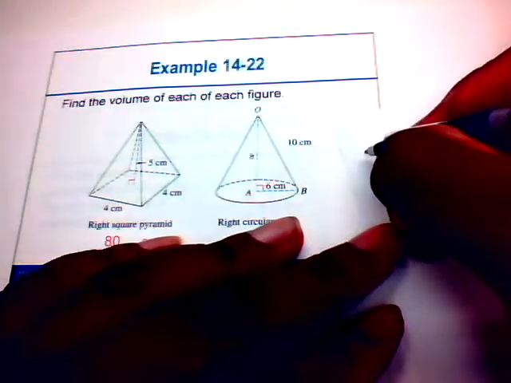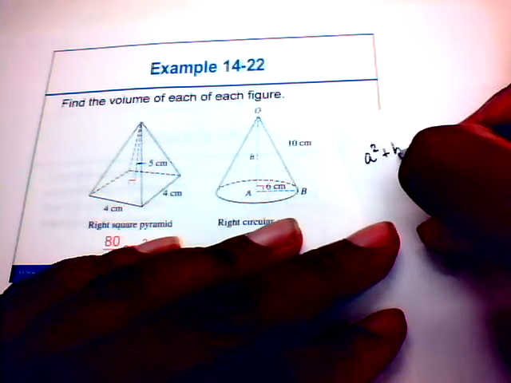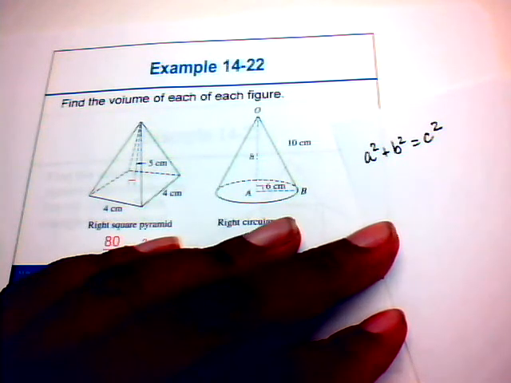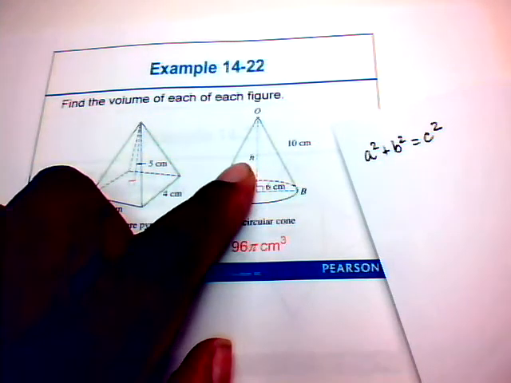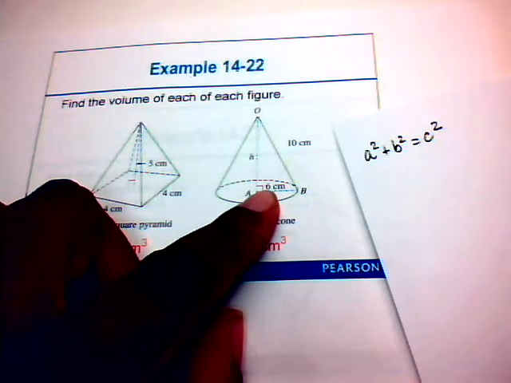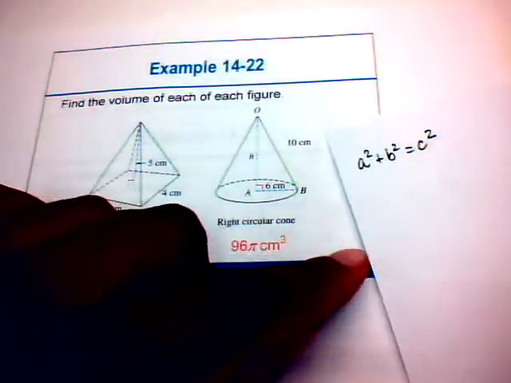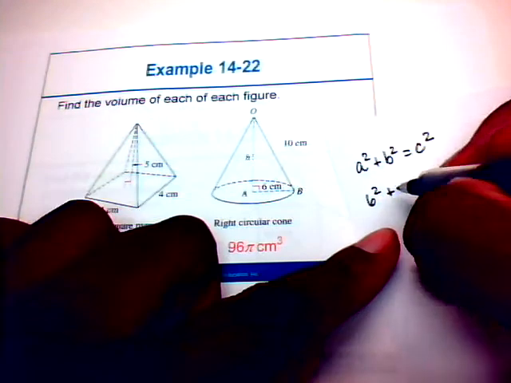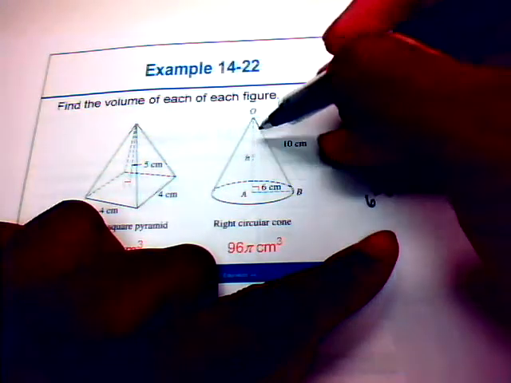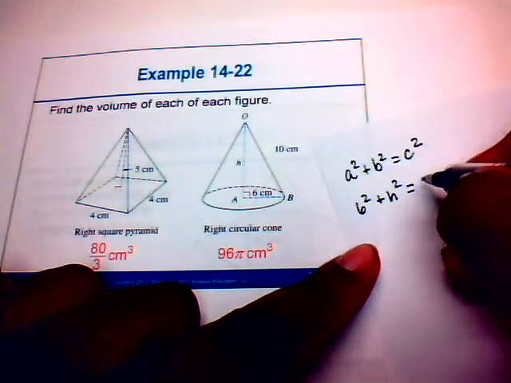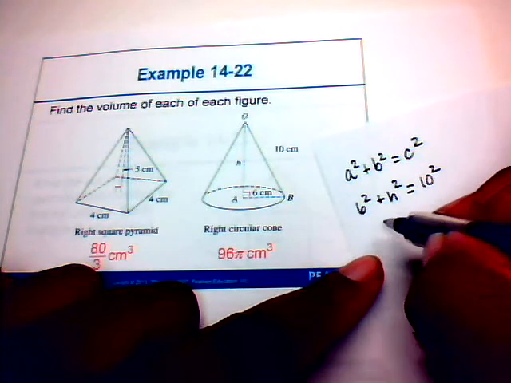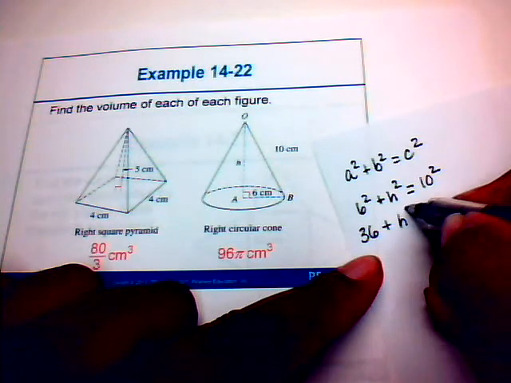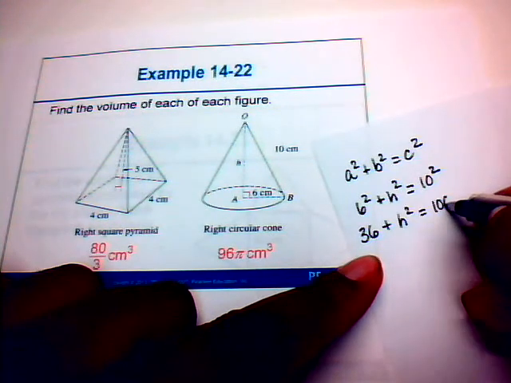And if you recall, this is your Pythagorean Theorem. A squared plus b squared is equal to c squared. This is a, that's going to be b, and that's going to be c. A is 6, so that's going to be 6 squared, plus h is what we're trying to find, so that's h squared. That's equal to the slant height of 10. Now, simplify this. 6 squared is 36, plus h squared is equal to 10 squared, or 100.